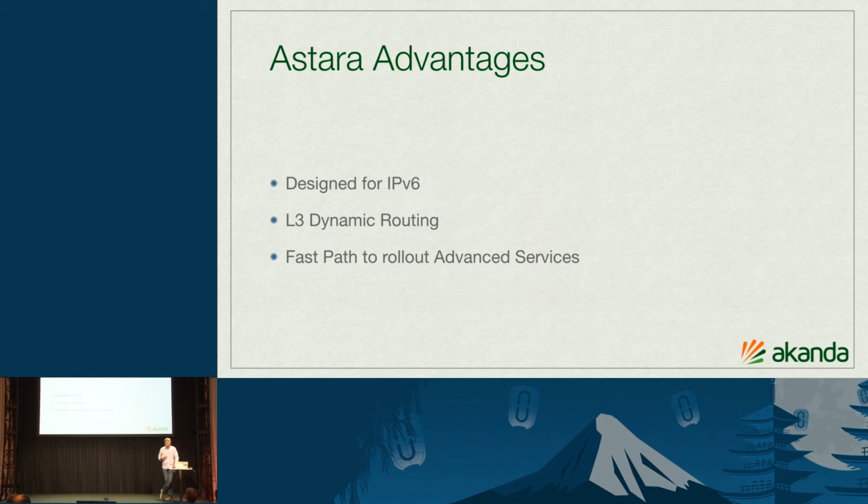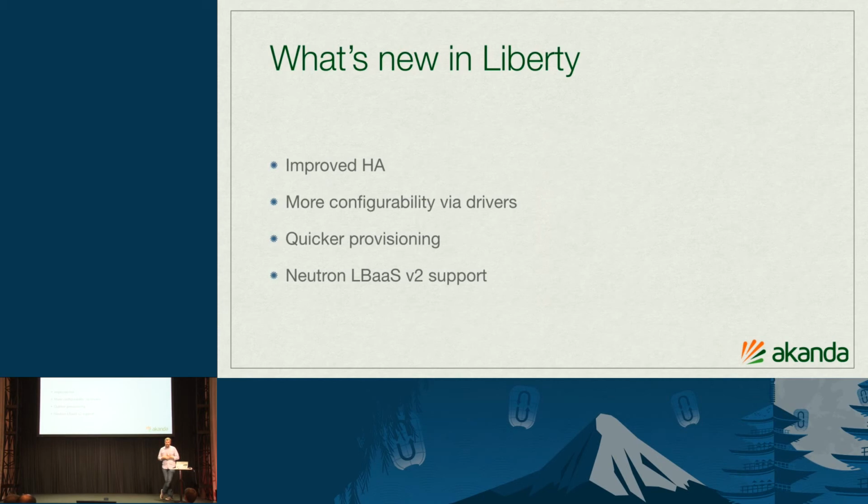And so that's a little bit about Astara, but the community's been working on it upstream, and Akanda as a company provides services and support around Astara and is also one of the major contributors to the Astara project. What we've been doing in the last 6 months is improving the HA story, which I touched on in terms of scale out and scale up. You can start multiple orchestrator processes.